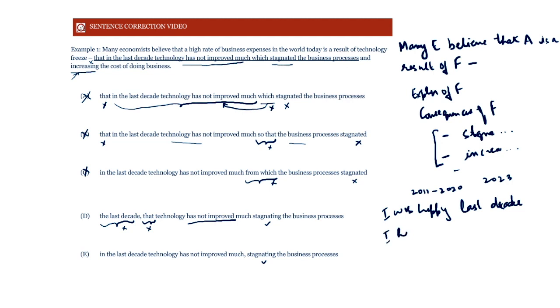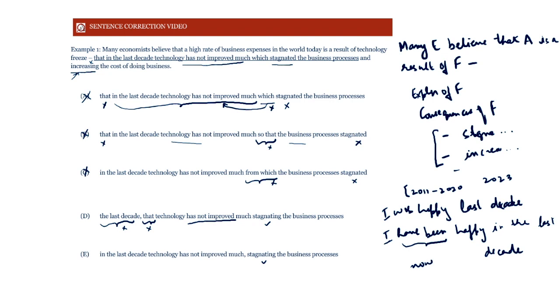Now, I have been happy in the last decade. Now, can I say I have been happy last decade? No, last decade talks about this particular time, right? When I'm using present perfect, there is the element of now, current.